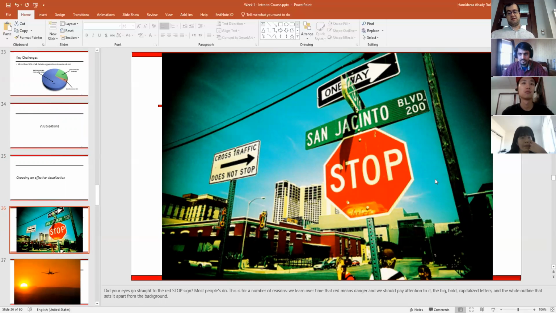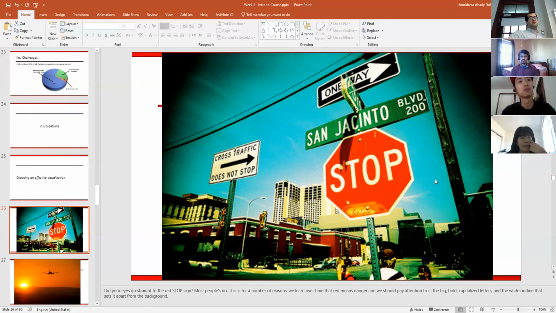Look at this visualization. What was the first sign that you saw in this picture? Stop. Yeah, because it's the most important. If people pass that intersection, they probably make an accident.